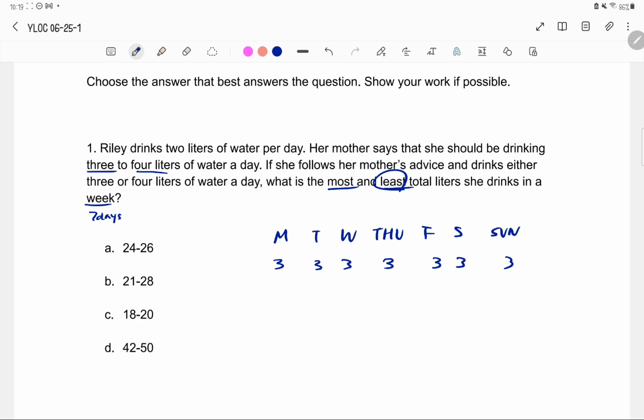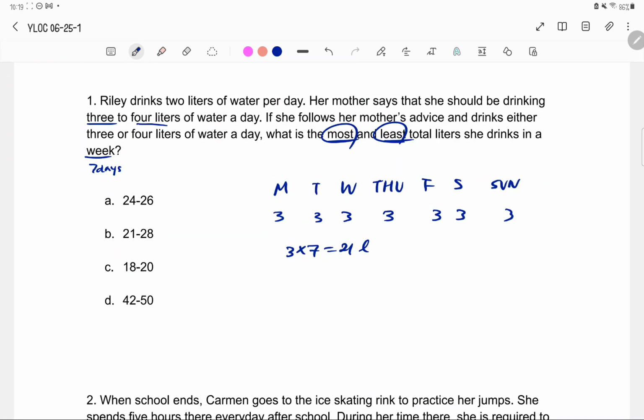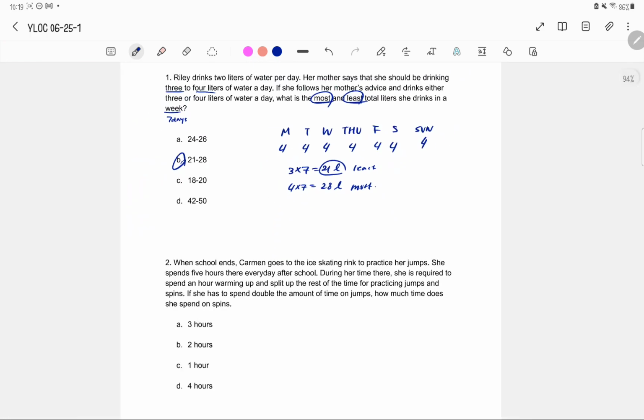If we multiply 3 times 7, it's 21 liters. And another assumption for the most is if she's drinking 4 liters of water every day for a week, right? So 4 times 7 is equal to 28 liters. So this is the least, where she drinks 3 liters every day, and this is the most. So the answer will be B.